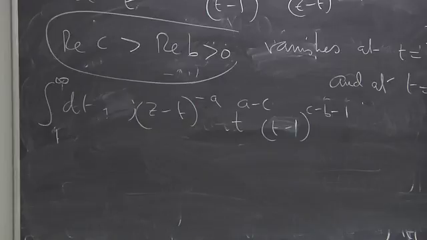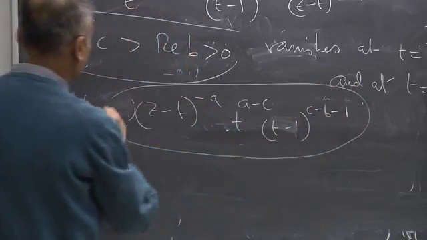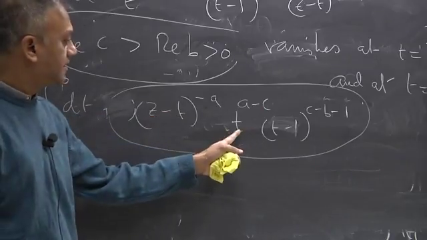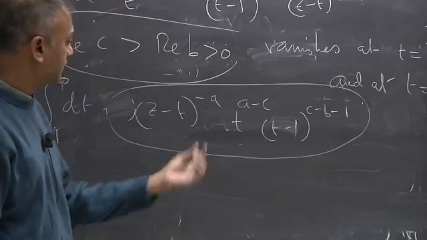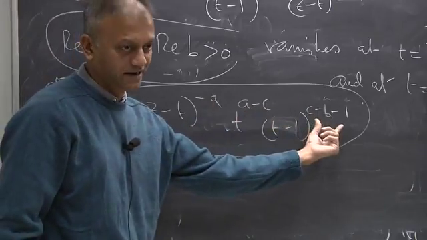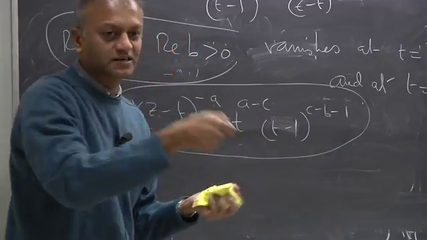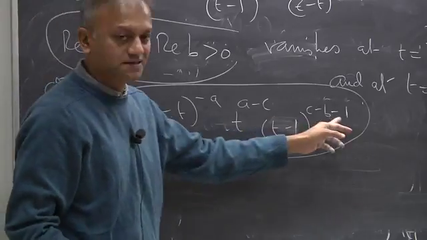But if you look at this function that I'm integrating as a function of t, for generic values of a, b, c, these powers will not be integers. For them to be integers, a, b, and c have to take special values. Generically, there will be branch cuts.